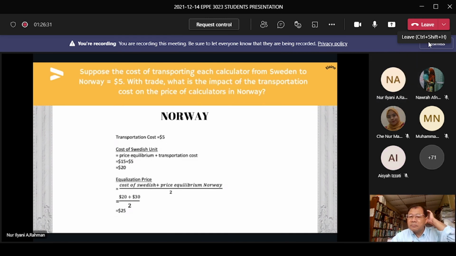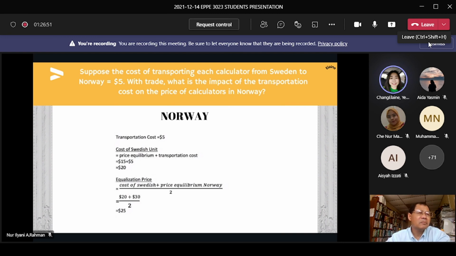So now I'm going to question C for Norway. The question is, suppose the cost of transporting each calculator from Sweden to Norway equals $5. What is the impact of the transportation cost on the price of calculators in Norway? From the question, we know that the transportation cost is $5.